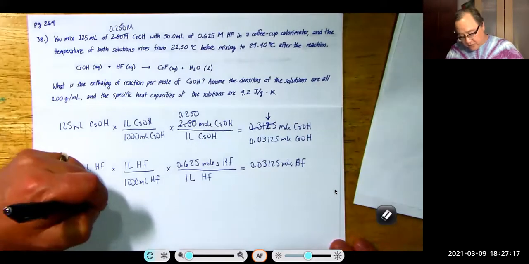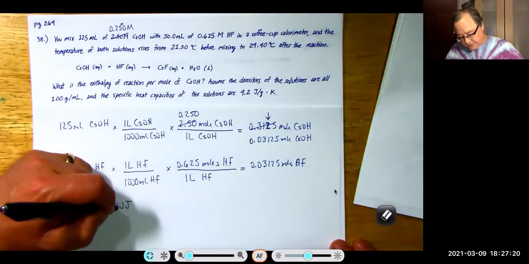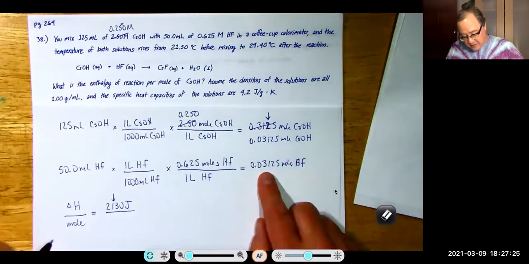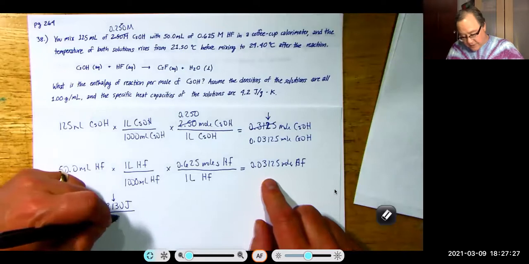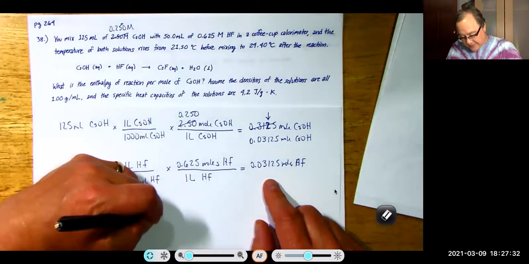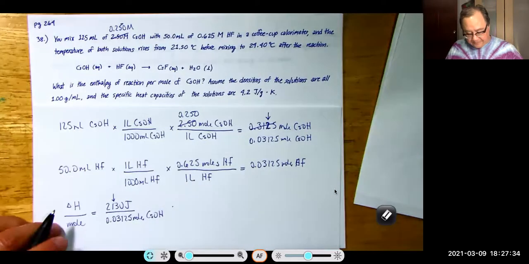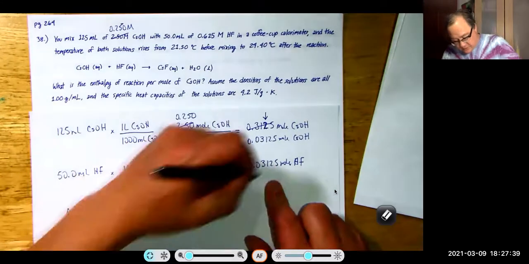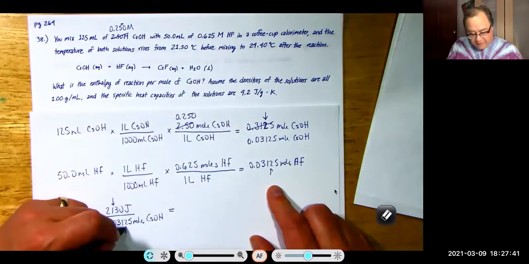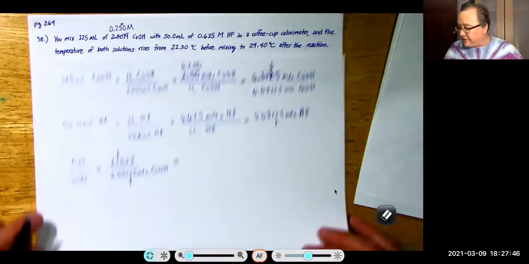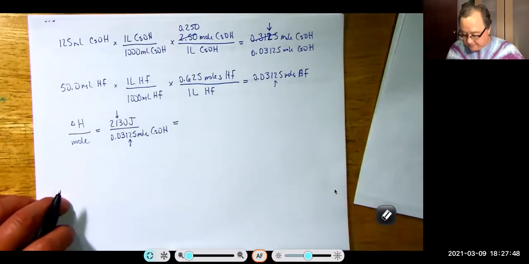Okay, so 2,130 joules, and I'm going to put the arrow pointing to the 1, divided by 0.03125 mole of cesium hydroxide. Okay, so this is good to the 2. So here we have 3 significant figures on the bottom, 2 on top. So that gives us 2 sig figs to work with at the end of this problem.